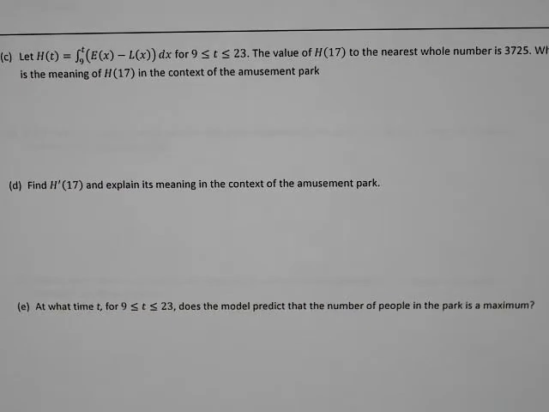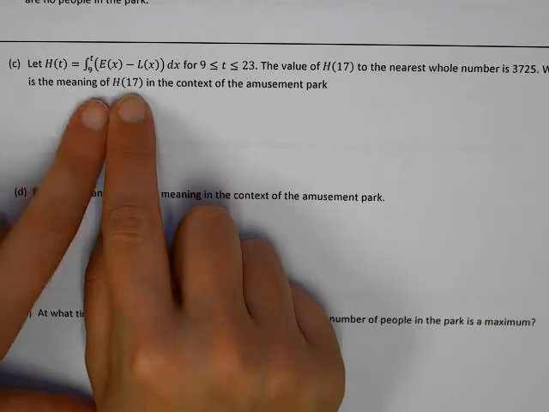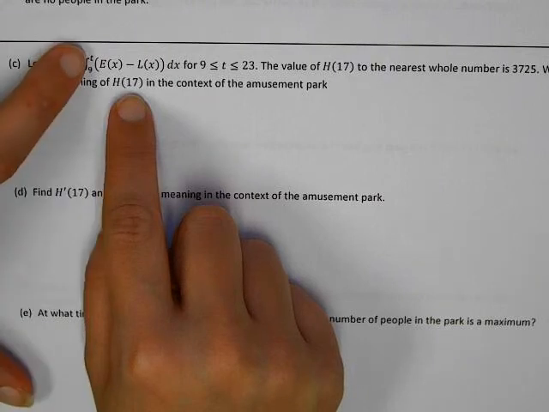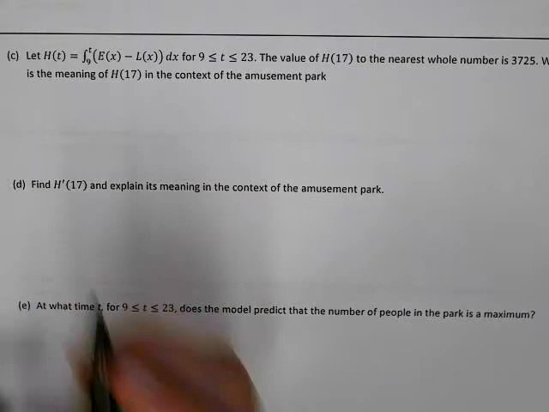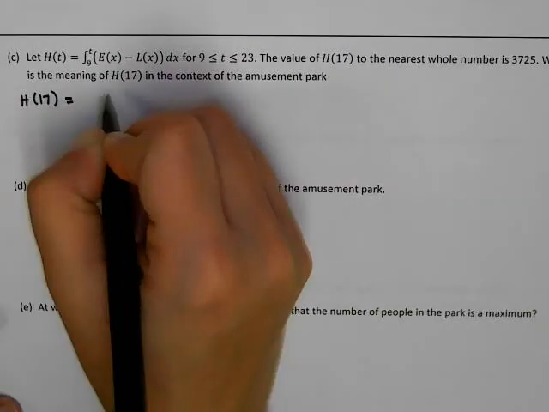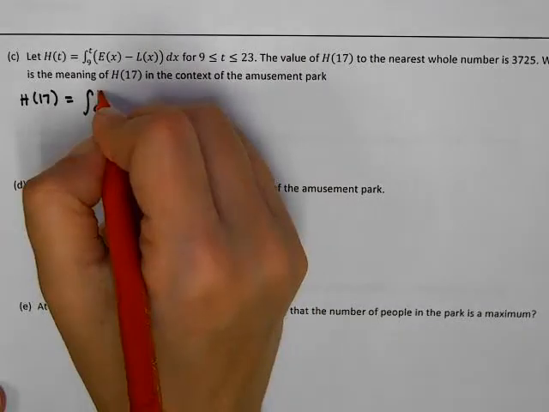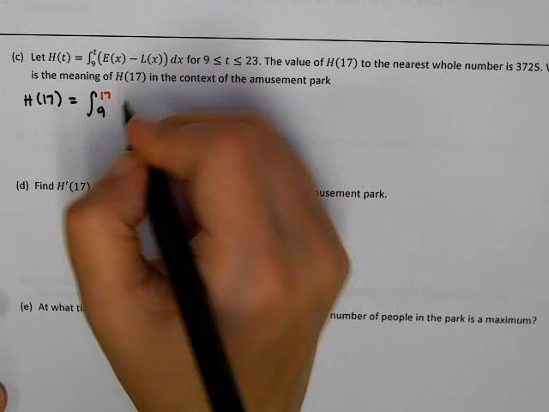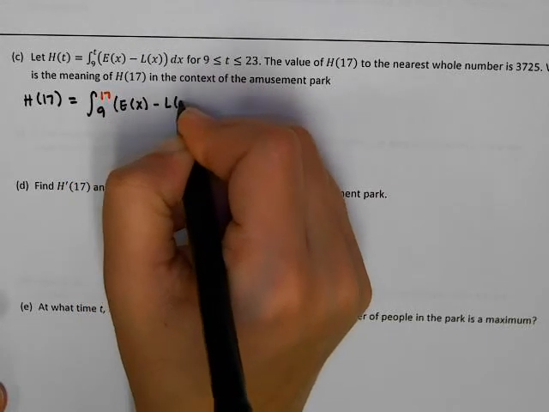Well, let's think about what we're doing to calculate h of 17. To find h of 17, we would be plugging in 17 for t. So in other words, h of 17 would be the integral from 9 to 17 of my E function minus my L function.